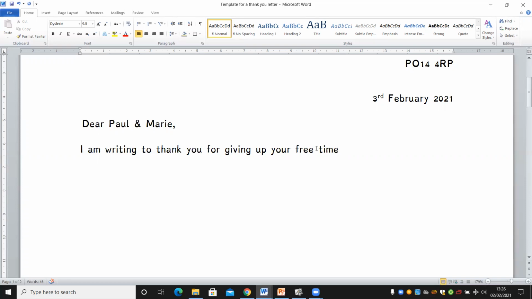So I'm going to say thank you to them for giving up their free time to teach us all about the Hamble, and because that is a proper noun, because it's the name of a place, I must remember my capital letter, Lifeboat Station. And I have included a capital letter in all of those three words because that is actually the proper name of that station.